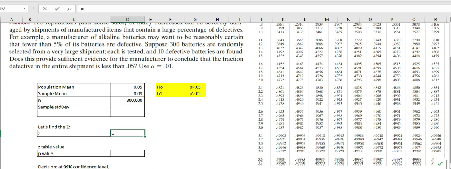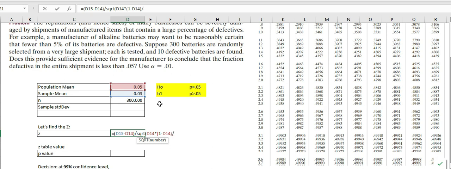It is 0.03 minus 0.05, over the square root of 0.05 multiplied by 1 minus p, over the sample size. Remember, we tackled this on how to compute for the z-value in our past activity.